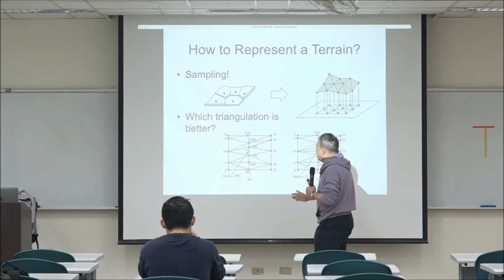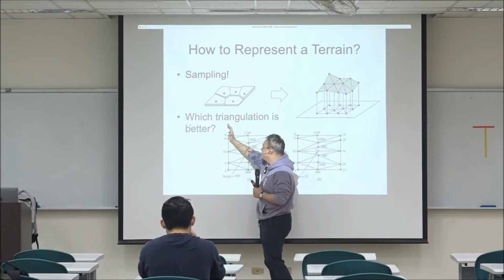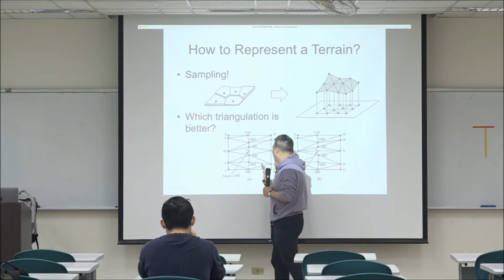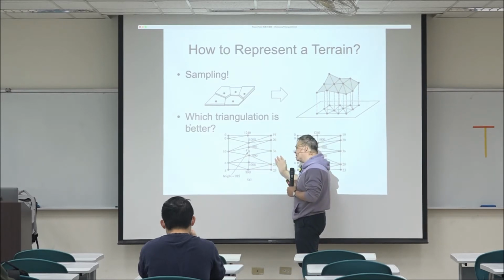Because on the left-hand side, the height is very low. On the right-hand side, it's higher than the left-hand side, but the height is still very low.